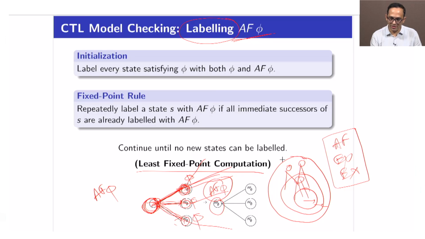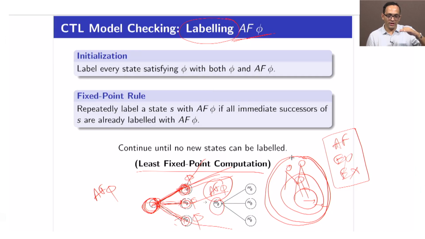That is very important. What we are saying is that when I reach that point, I am not able to include any node further, right? So, this is, let us say, my fixed point. I am not able to include any further node here. What does it mean? All the nodes where AF phi should hold are already leveled, right? I am not missing anybody.